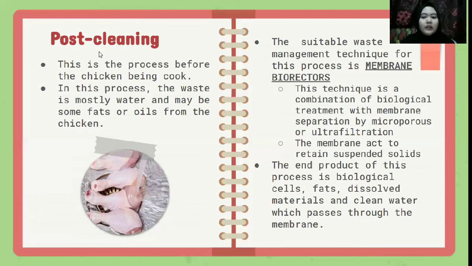The suspended solids, such as biological cells, fat, and dissolved material, will be filtered by the membrane. So the end products of this process are biological cells, fat, dissolved material, and the clean water which passes through the membrane. I will continue the presentation to the next presenter.